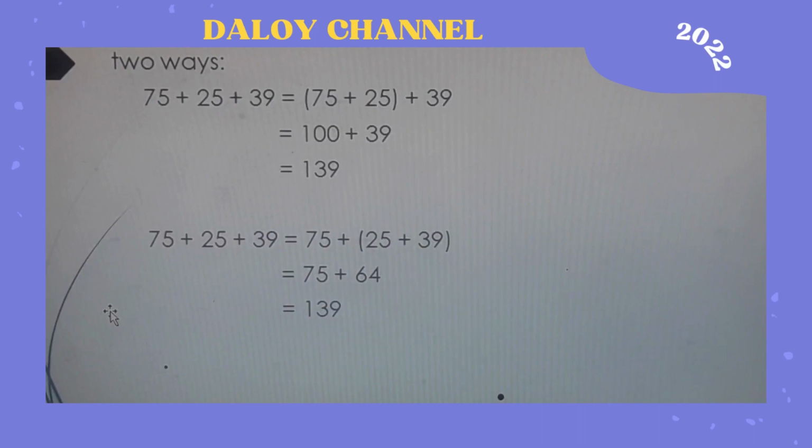So the sum of 75 plus 25 is 100, plus 39 is 139. Same thing if we are going to group 25 plus 39. The sum of 25 plus 39 is 64, to be added to 75, which is still equivalent to 139.